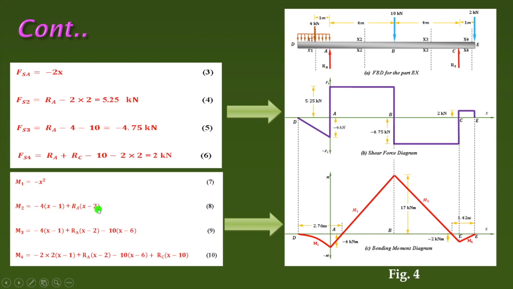Second part is the equation of a straight line, starting from here, and the maximum value we have already calculated. This is 17 kilonewton meter.